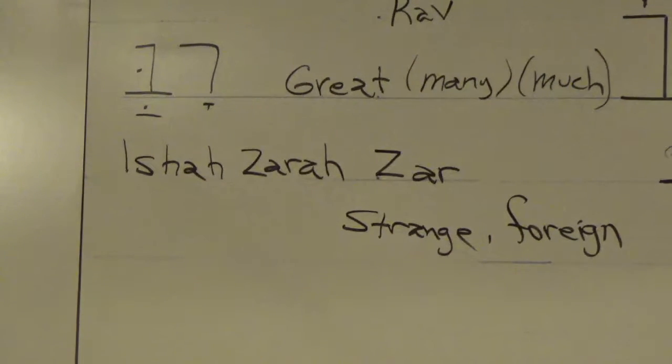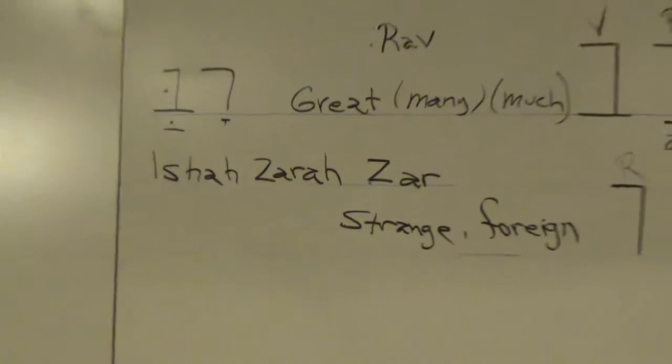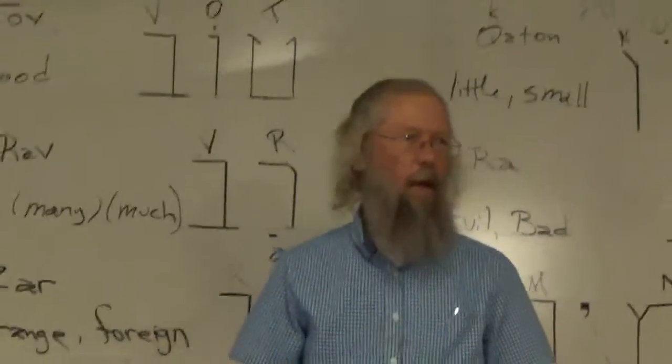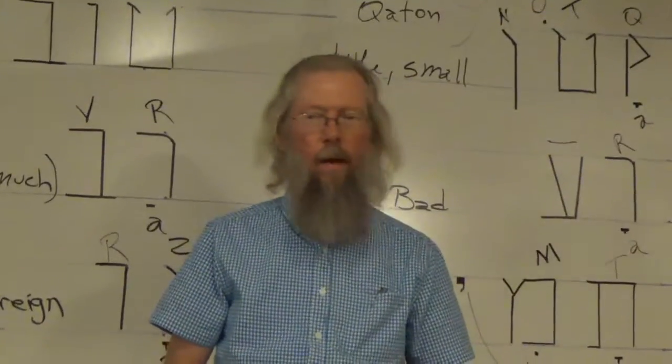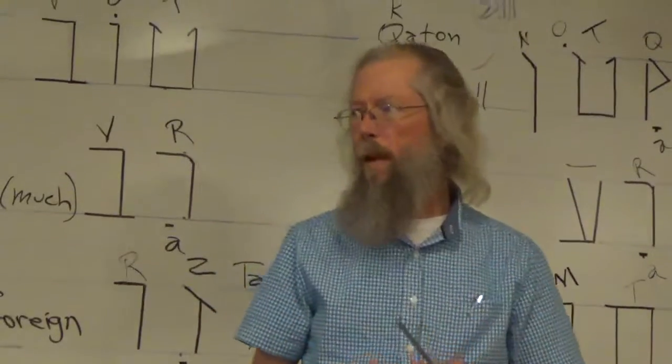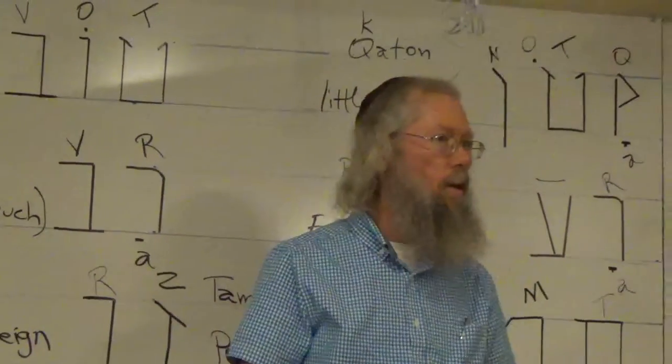Strange woman. Isha is woman, Zara is strange. Remember that Hebrew reverses the adjectives and the nouns, just like a lot of Spanish. Not always in Spanish, but a lot of times in Spanish it's reversed from English. So Hebrew most of the time.